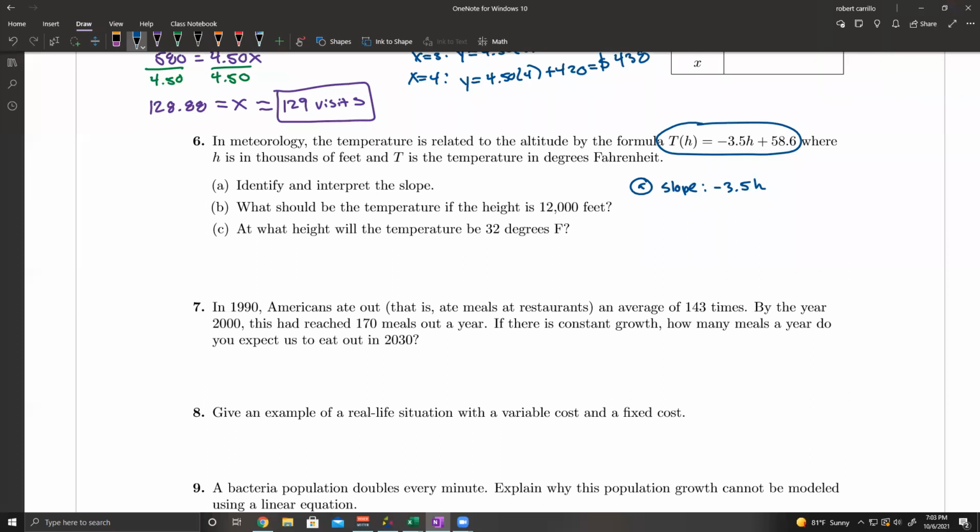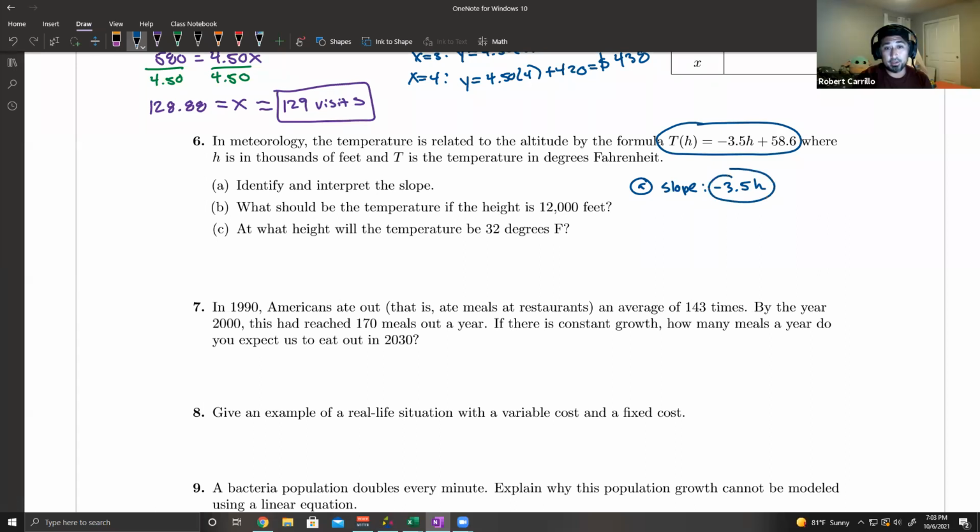It's going to decrease. And that makes sense because our slope is also negative. So if you have a negative slope, this means as we get higher in the altitude, the temperature is going to decrease. So that's what our slope means.